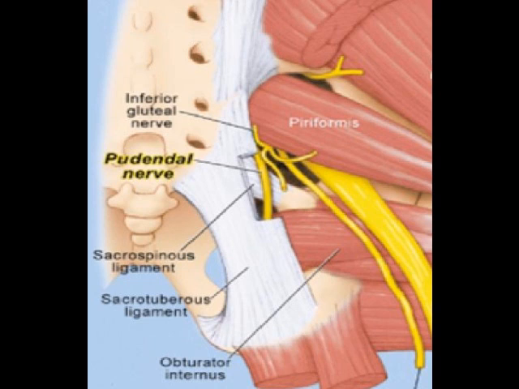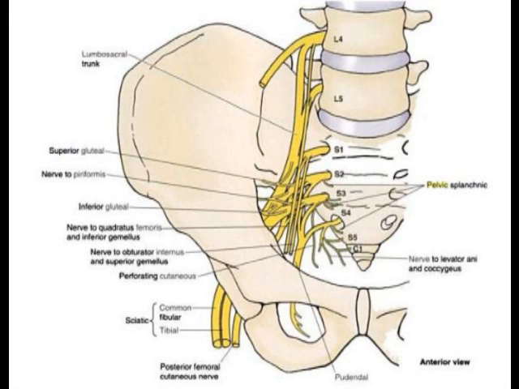You can also see in there the piriformis muscle and the inferior gluteal nerve. Okay, in this picture you can see part of your lumbar spinal area and your pelvis.